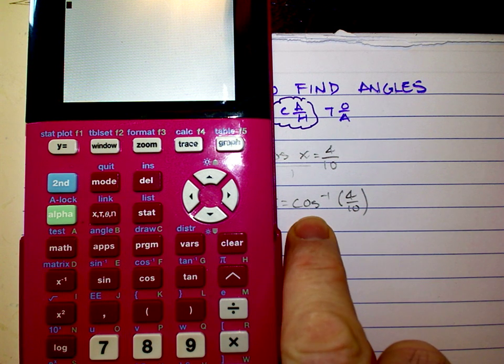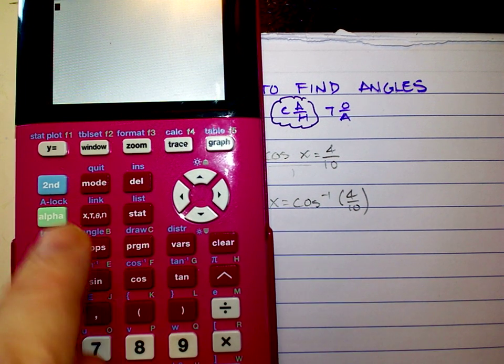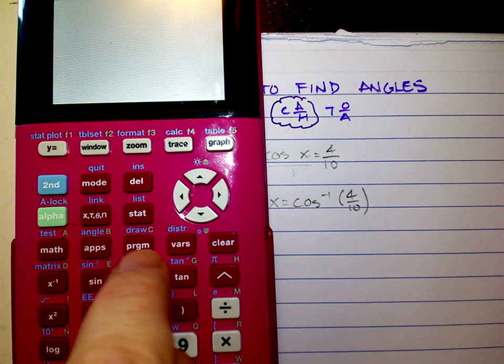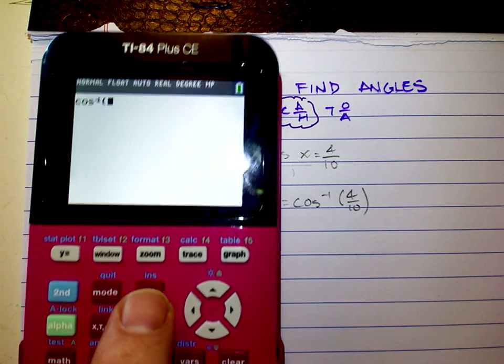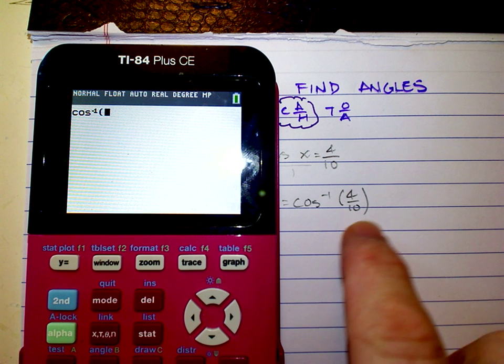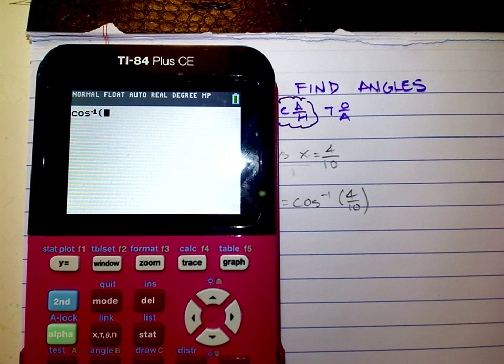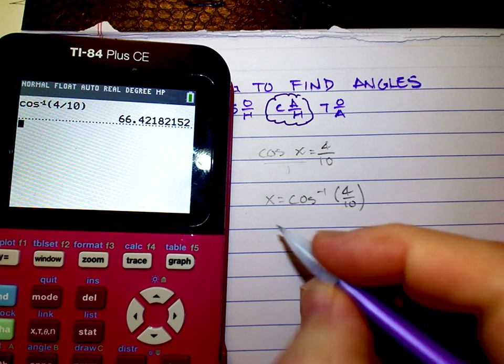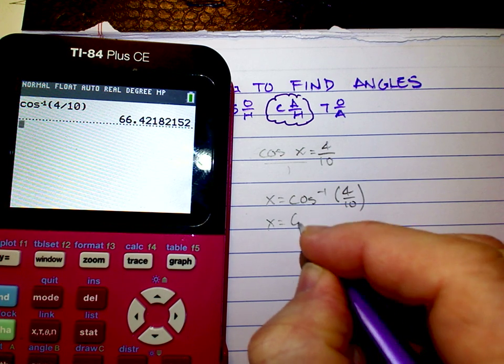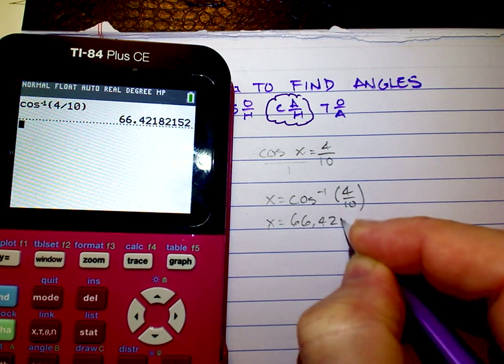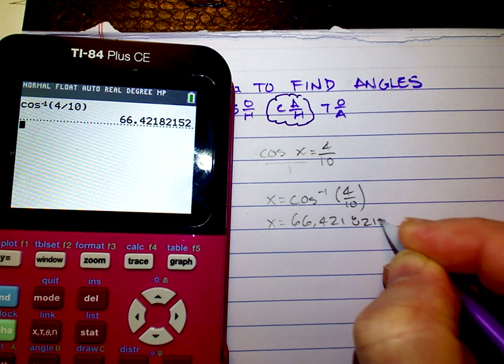So to undo a cosine, what we're going to do is press our second button and then cosine. You'll see that our screen looks exactly like what I have written here, and then we'll just simply enter in the ratio of 4/10. Press enter, and we get x equals 66.4218215.